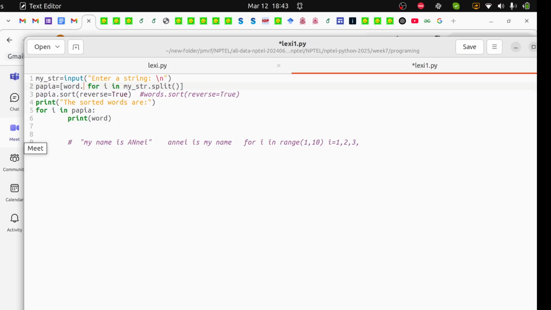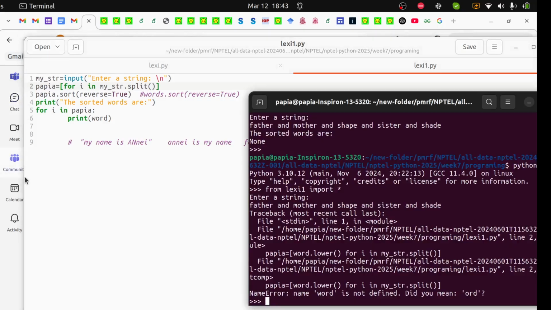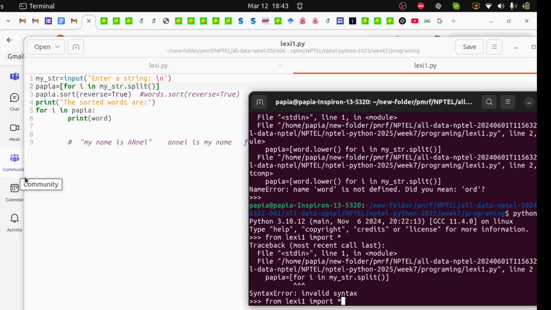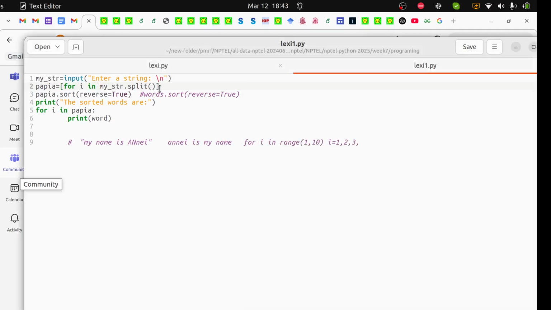Yes, print here. Obviously it will show some error, because for in my string dot split, the direction is not mentioned.